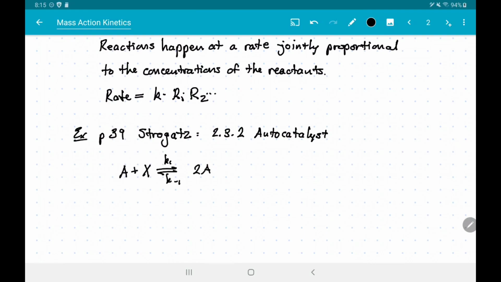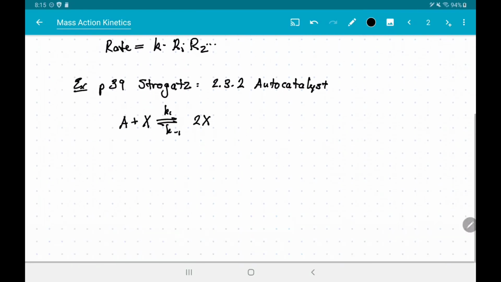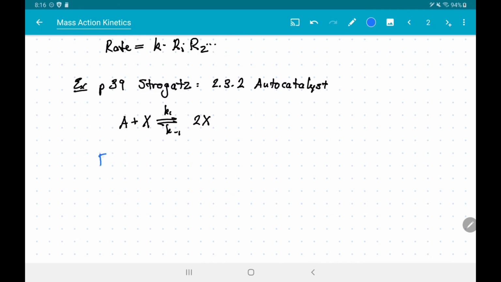So first, to unpack this, this is really a shorthand way of writing 2 reactions. The first is sometimes thought of as the forward reaction, and it says that a molecule of type A comes into contact with a molecule of type X, and after they've interacted, there are 2 X's, and this happens with a rate constant k1.